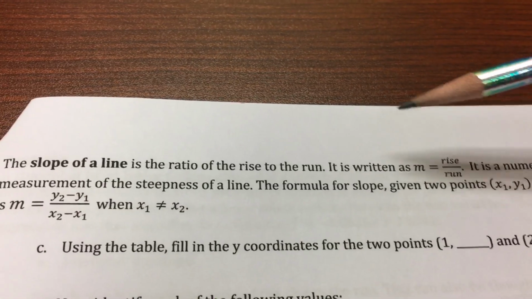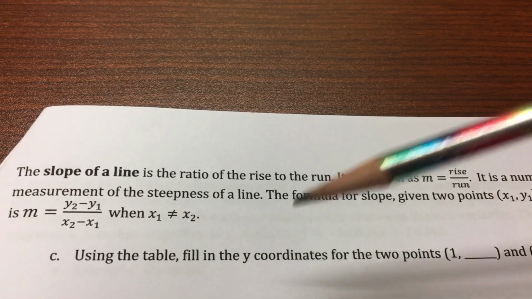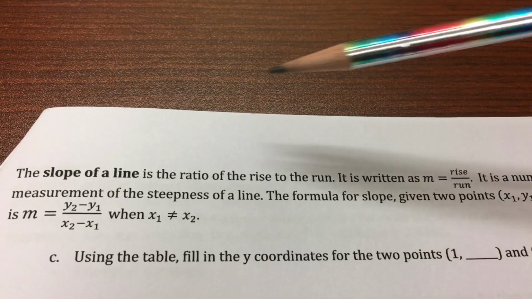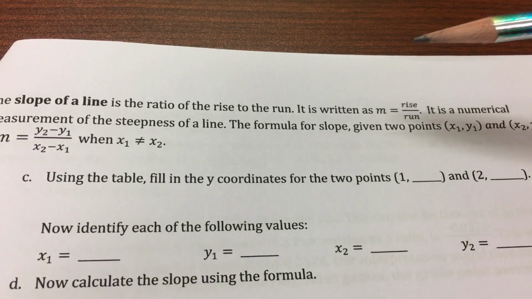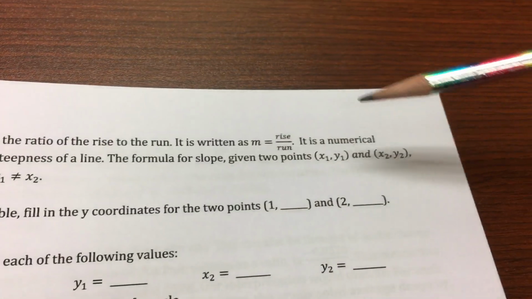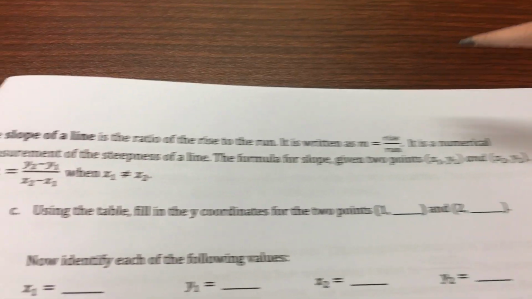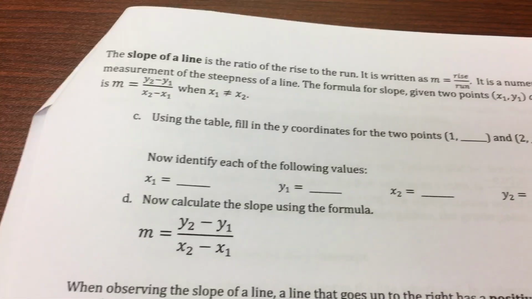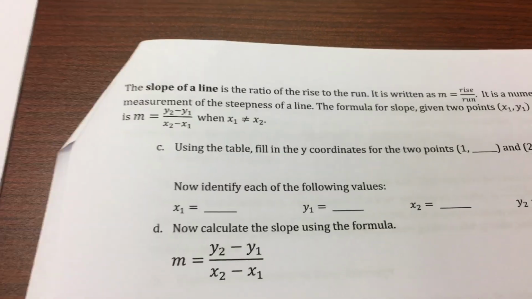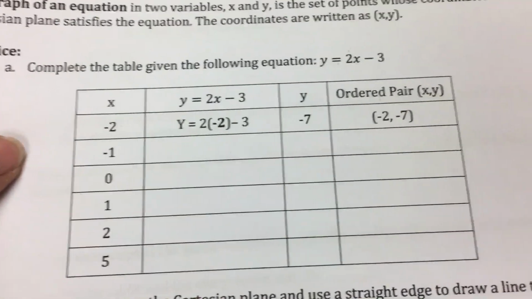That means if I'm looking at my slope, I have a point on the line, I can go up and over and find another point on the line. So what they're going to ask you to do is take some points. It says use the table, which is talking about the table that you previously had on the first page.